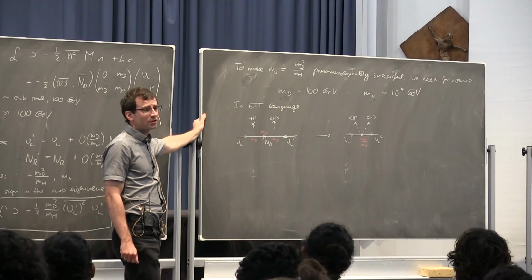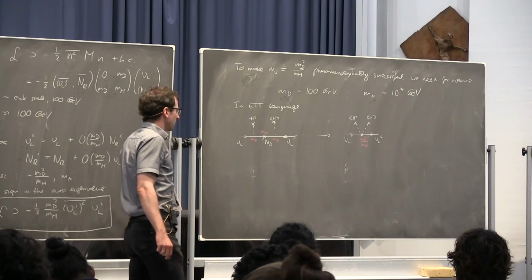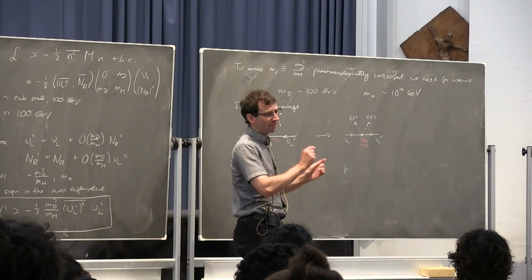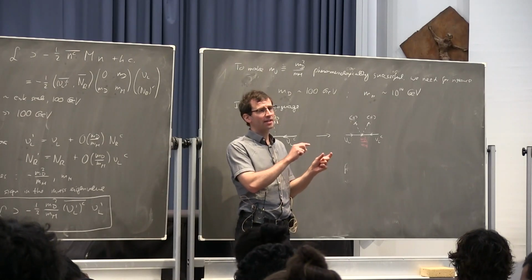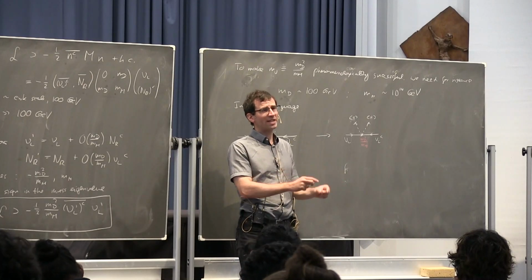Now I should say that this is not the only way of generating a Majorana neutrino mass term. An alternative possibility is, for instance, to couple the left-handed SU(2) doublets to a triplet scalar field.